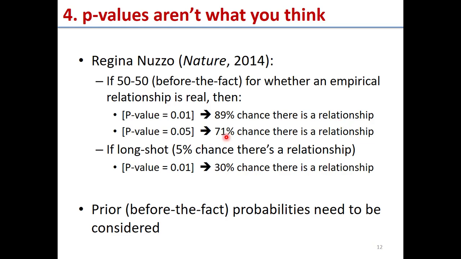Okay, a 0.05 p-value means only a 71% chance. And if something is a long shot, let's say only a 5% chance there's a relationship, then a 0.01 p-value means only a 30% chance there's a relationship. Okay, so these a priori probabilities really need to be taken into account.